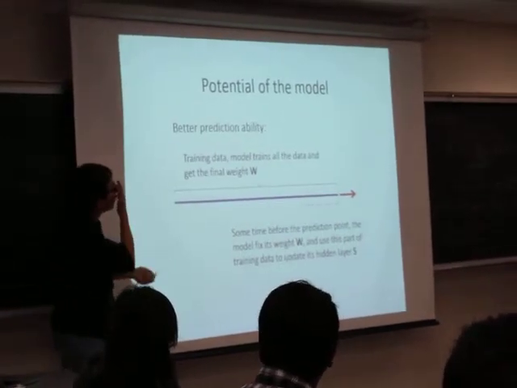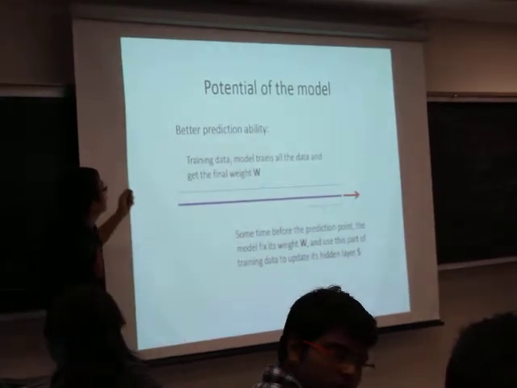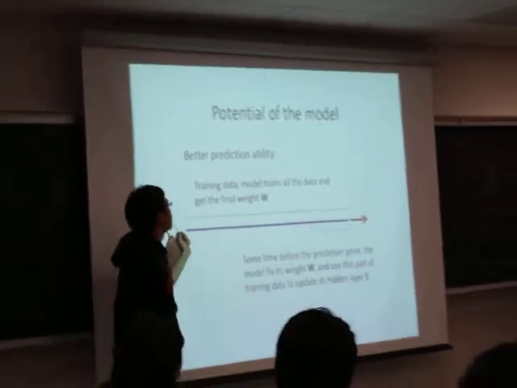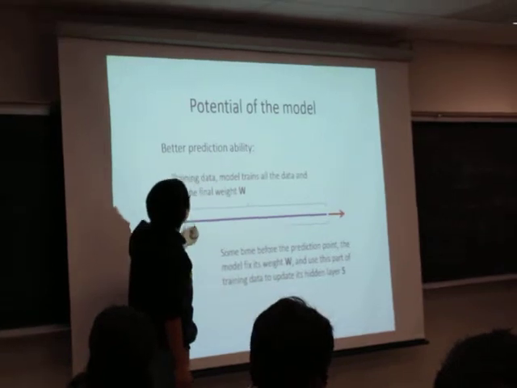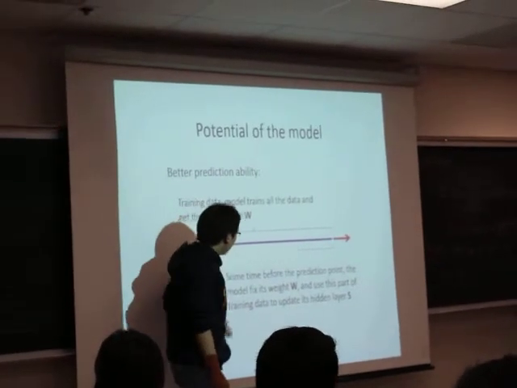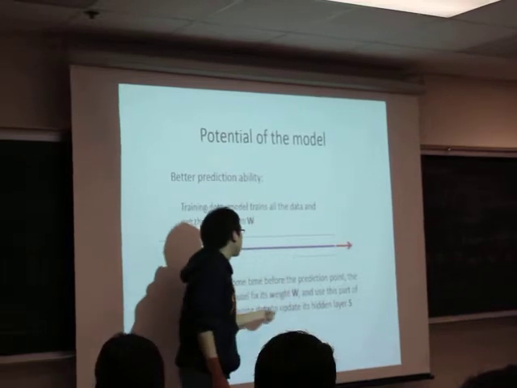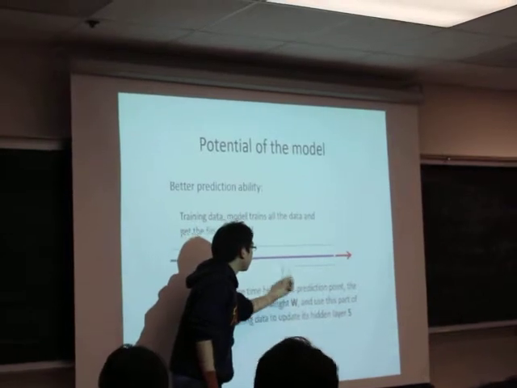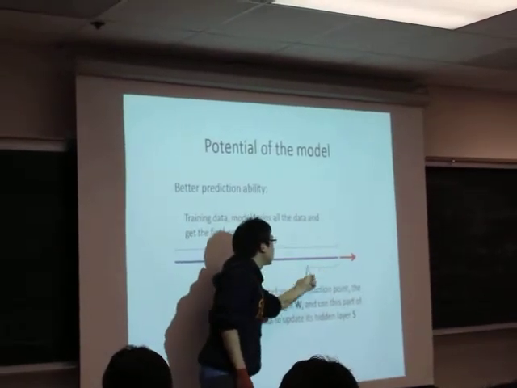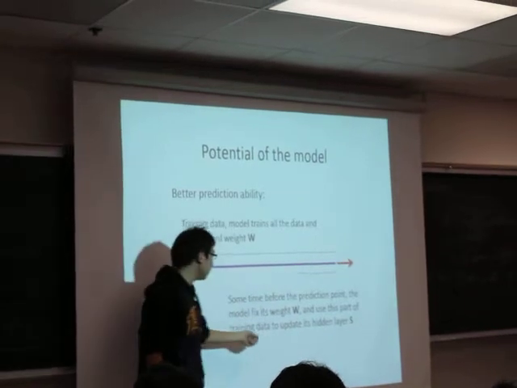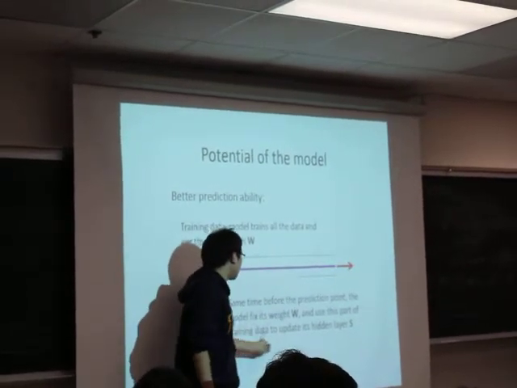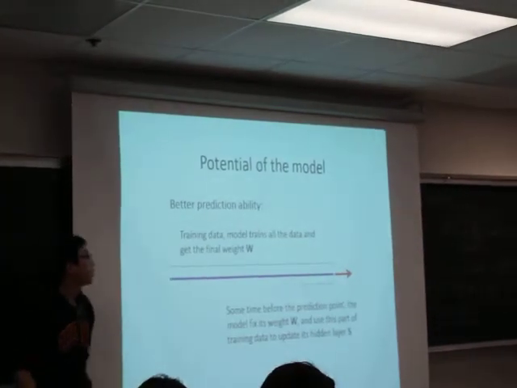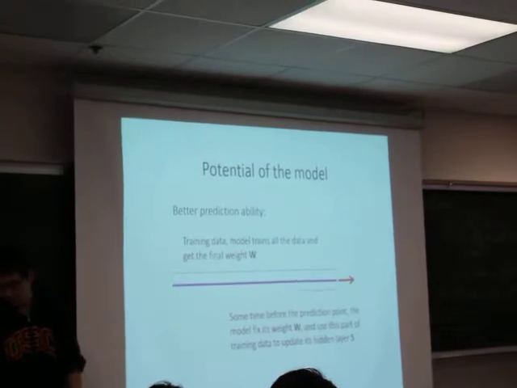We can take advantage of this property to make the model have better prediction ability. The way to do that is to train on all the data and get a final weight W, then go back to some point before the prediction point, fix the weight W, and go through this training data while updating the layer S. By doing this, we have a better probability to get a good prediction.